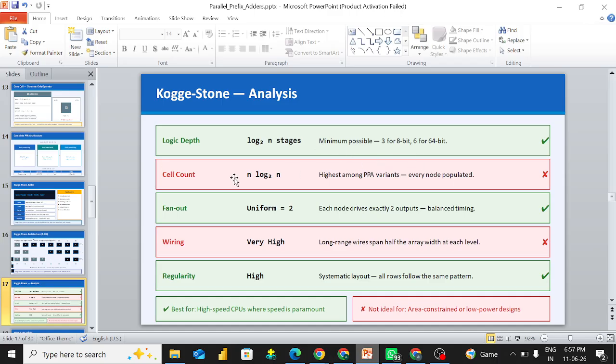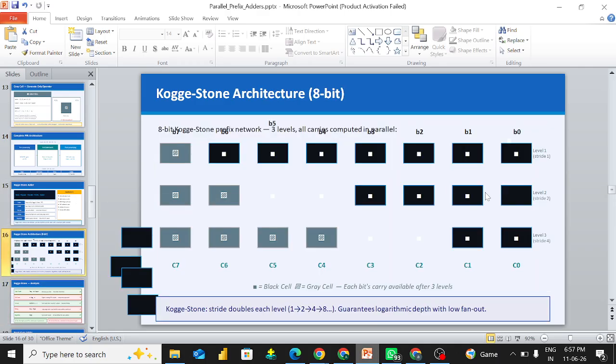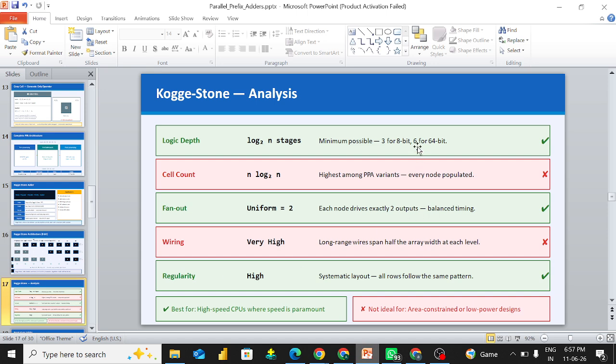For 8-bit, as I showed, these are the depths: level 1, level 2 and level 3. It has 3 depths. If you want 64-bit, you have n, so replace this n with 64 and calculate the answer. After that you get the levels or stages it has.